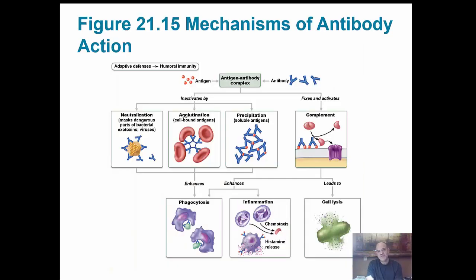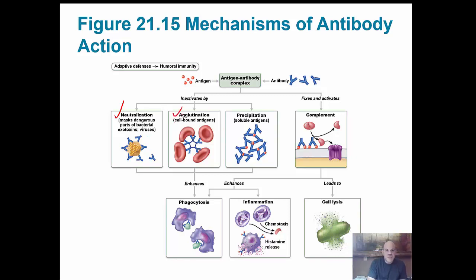And so this diagram here summarizes the mechanisms for antibody action. In the case of neutralization, right here, the antibodies attach to the virus and block it, neutralizing it, preventing it from entering the host cells.